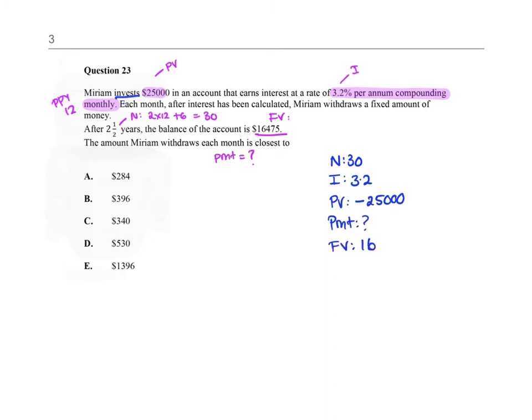FV at that time is positive 6475 because it's an investment, so it's her money coming back to her, and PPY is 12. So if we pop that into the finance solver, we will get a payment of, because she's going to get this amount, so it'll be a negative 339.997, but she's actually taking that out, so we're going to say closest to C, 340.